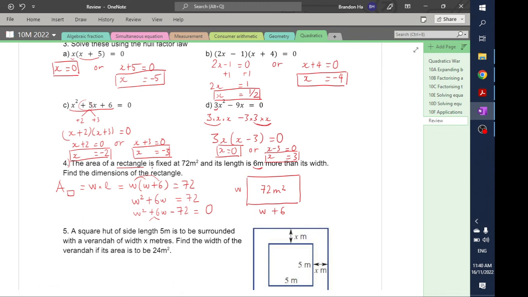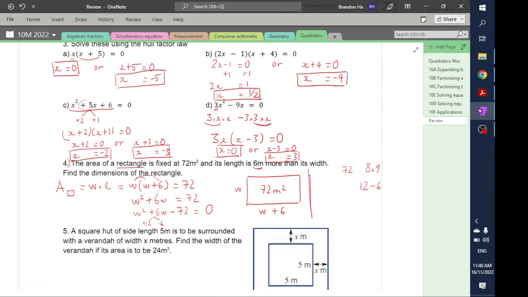That'll be 12 or something. We know that 72 is 8 times 9, so that could be... is that 12 and what? 12 and 4? No? 12 and 8? Sorry? 12 and negative 6. Yeah. So it's a positive 12 and negative 6.